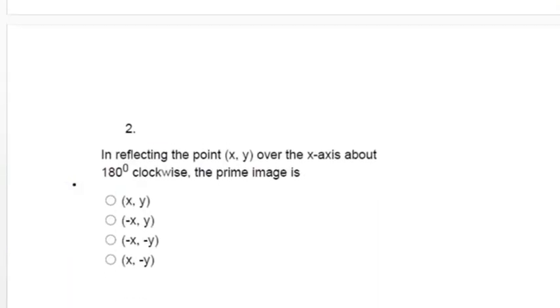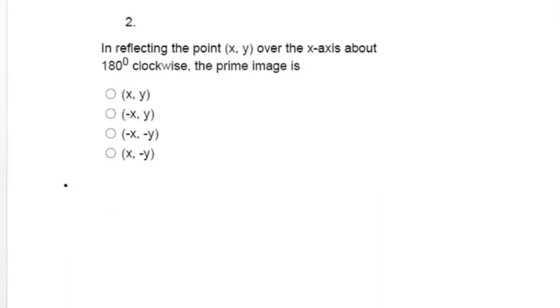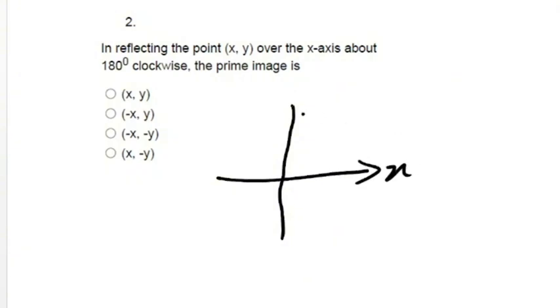Then number 2. Question 2 says, in reflecting the point x, y over the x-axis about 180 degrees clockwise, the prime image is? So assuming we have the xy plane, this is the x-axis, y-axis. Then you have a point x, y.